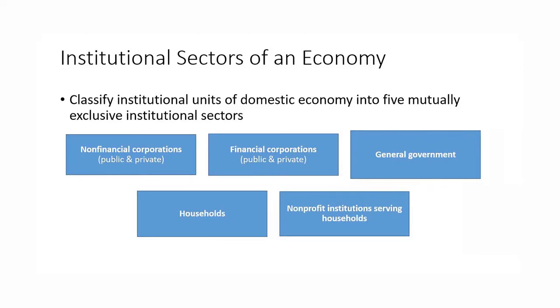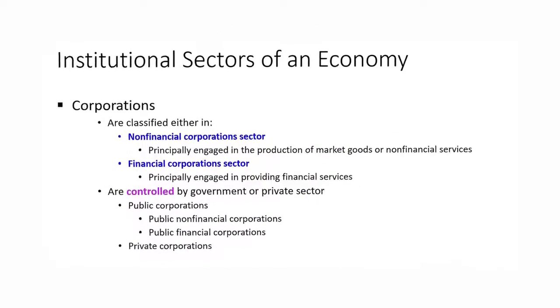Let us first come to the corporations, then we can differentiate quite exactly what is government and what is not government if I explain a little bit on these other sectors. Corporations are either classified, as I already said, as non-financial corporations or financial corporations, and they can be controlled by government or private sector.